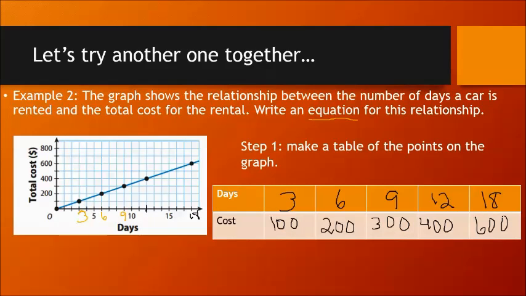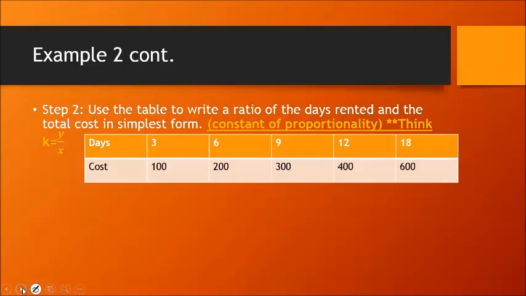So 600. Step 2. Use the table to write the ratio of the days rented and the total cost in simplest form. There that is again, simplest form. You should think my constant of proportionality, the y over x. So remember, days is our x, cost is our y.